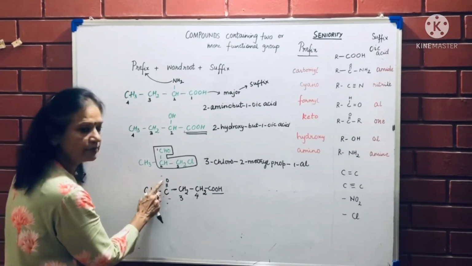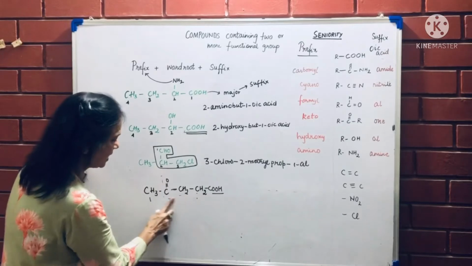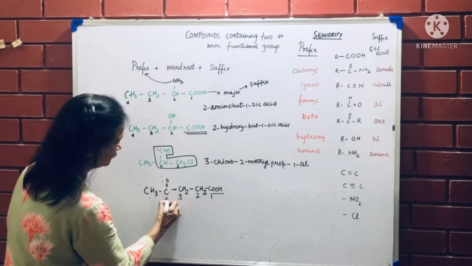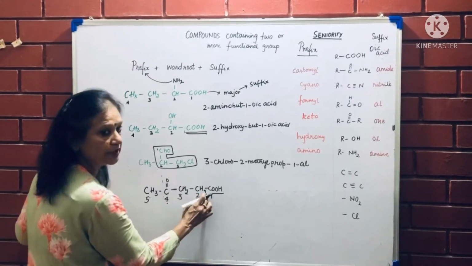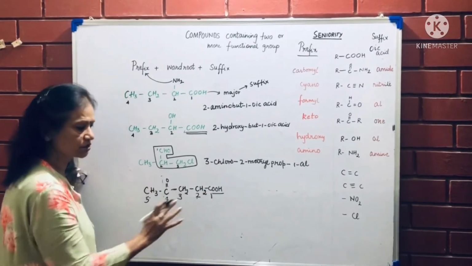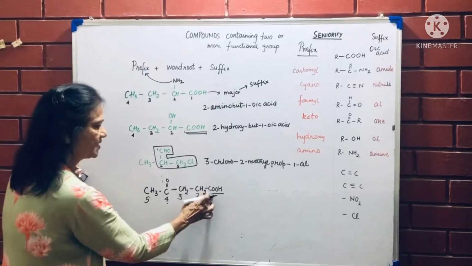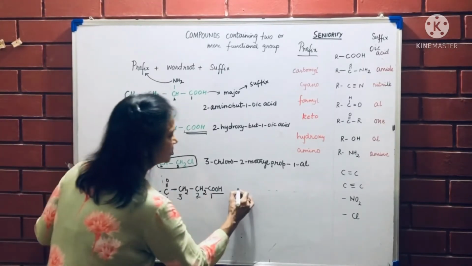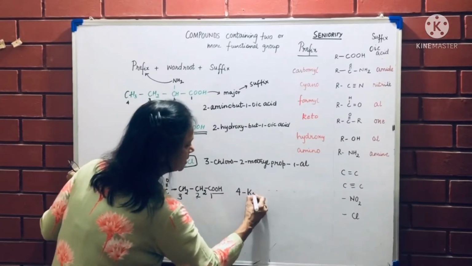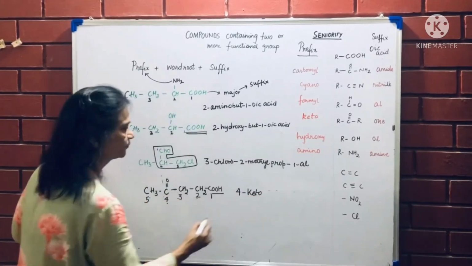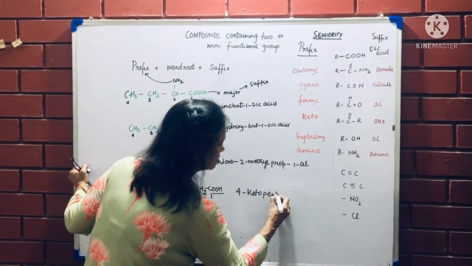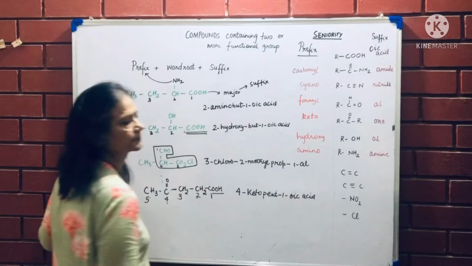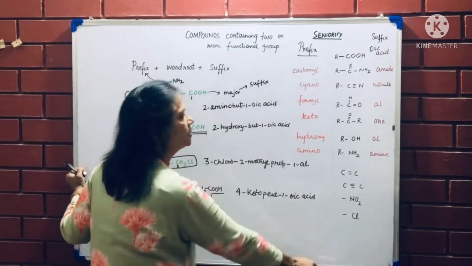So this will come in the prefix, and I'll have to count from this side 1, 2, 3, 4, 5. I have to count the carbon atom in the acid also in the chain. So place 1 is the oic acid, place 4 is the keto group, which will come in the prefix. So 4-keto pent-1-oic acid.